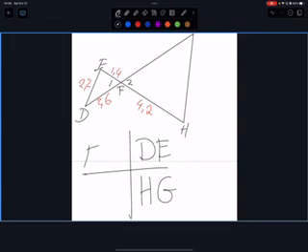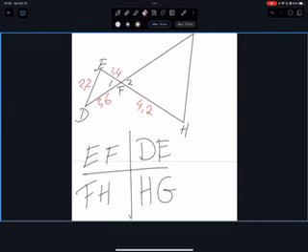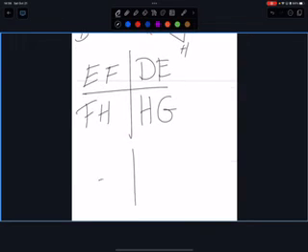So you have EF and you have FH. All there's left to do is fill it in and then calculate. EF is 1.4, FH 4.2, DE 2.2.